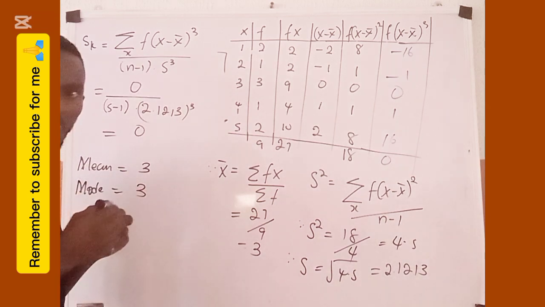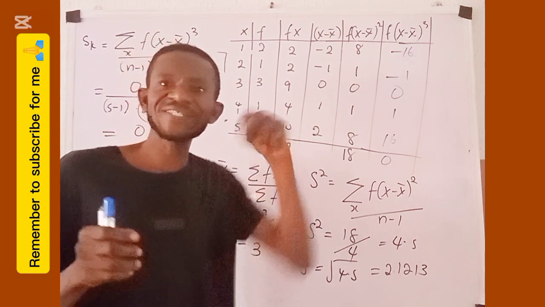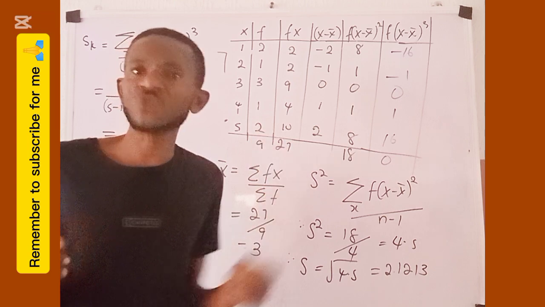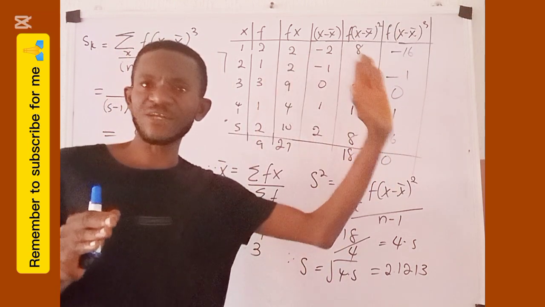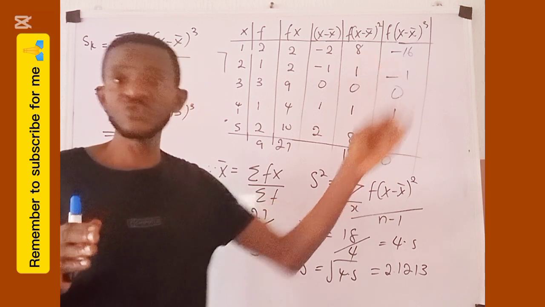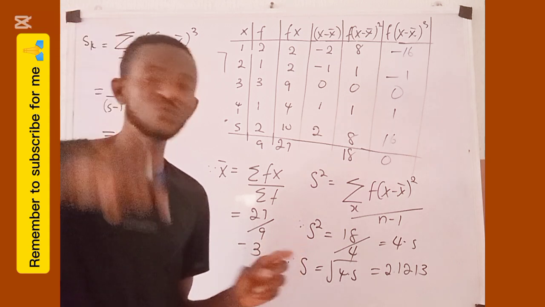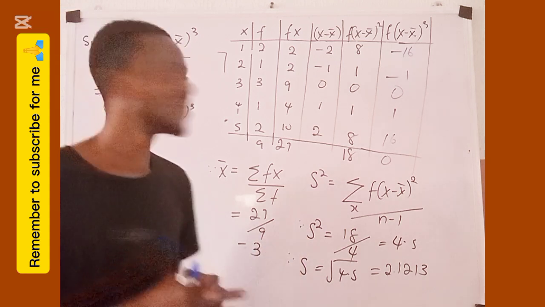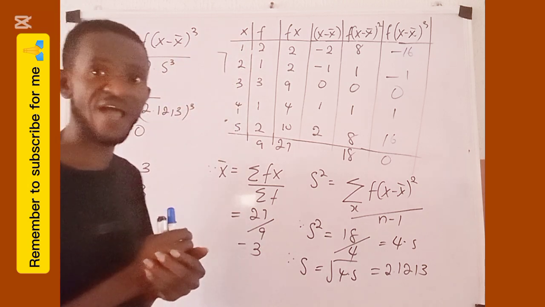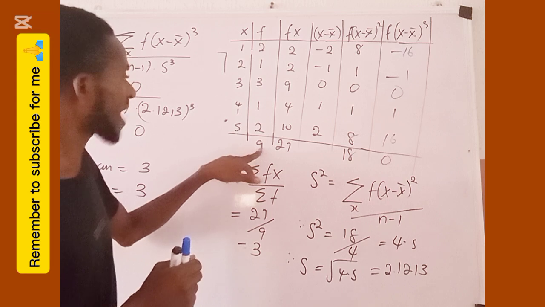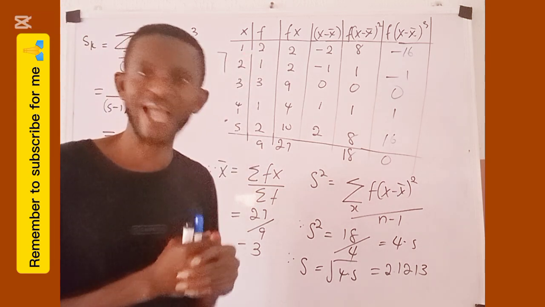So I will now say that my mode is equal to 3 as well. The median is defined as the central value once you have sorted your data in order of their magnitudes, either in ascending or descending order. Once you sort them, the central value is what we call the median. Here, we have sorted this already in ascending order. And the sum of n is 9, which is an odd number.